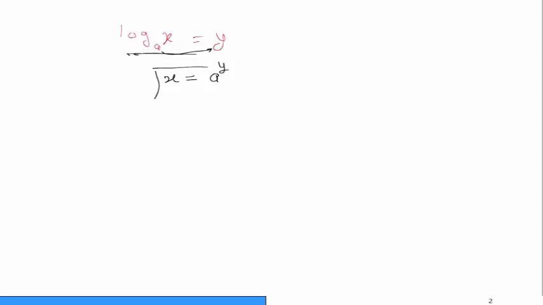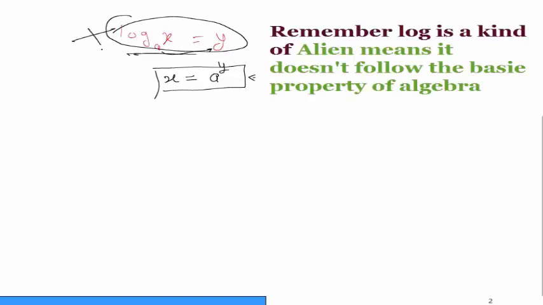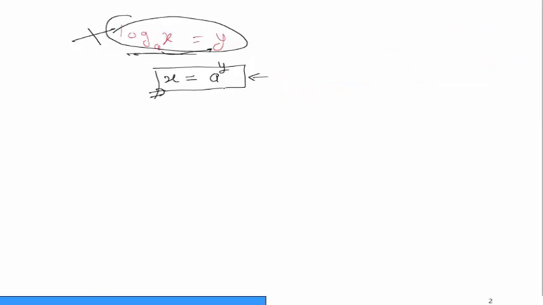So always remember, this is a very important property of log that we'll discuss later on. As you can see, x is equal to a raised to the power y. For the time being, just forget about log, as if we don't know anything about it. We will just know x is equal to a raised to the power y. So it is a kind of exponential function.